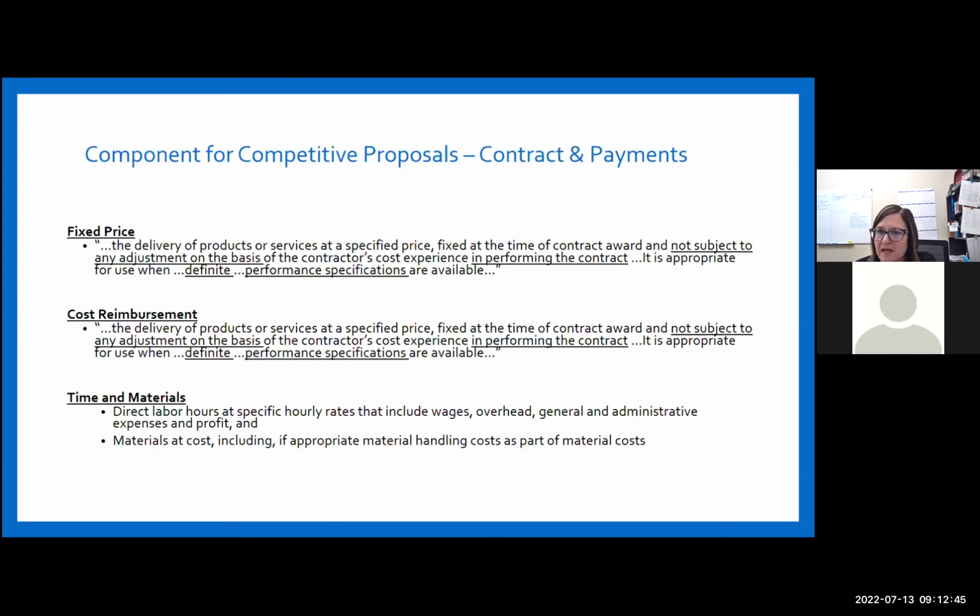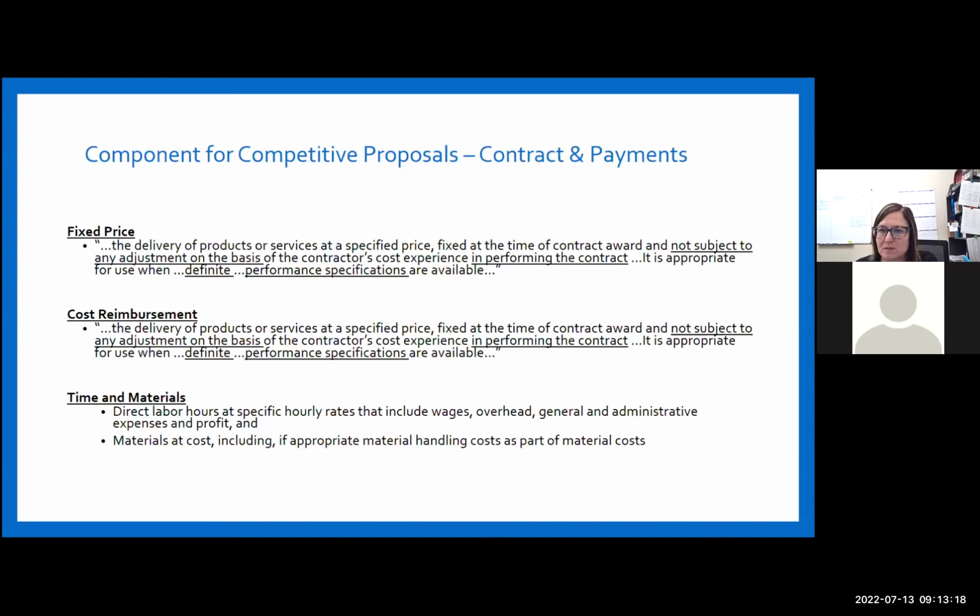So let's just say that the village is going to utilize their full-time staff to administer the project, but they want to procure someone to do the environmental review record. That would be a fixed price contract because it would be $7,000 for the ERR, and the deliverable would be the ERR. It is exact, it is precise.